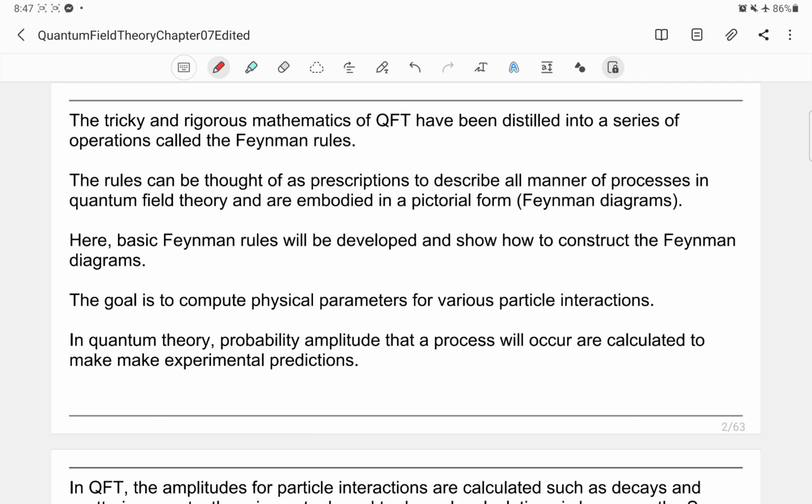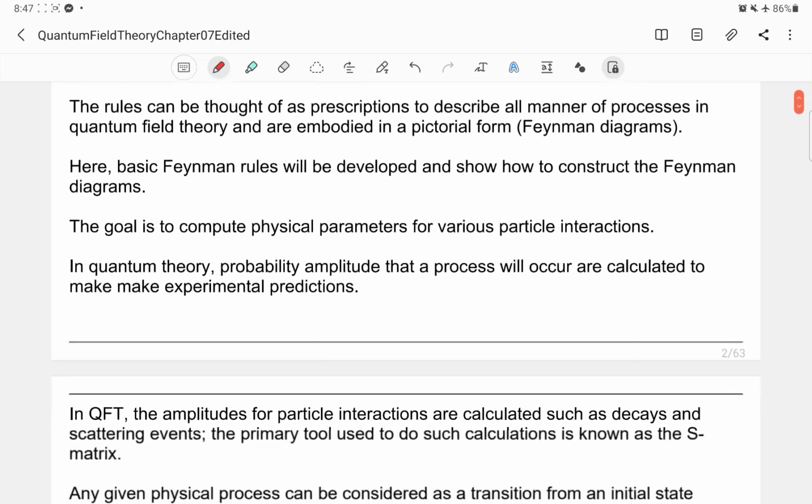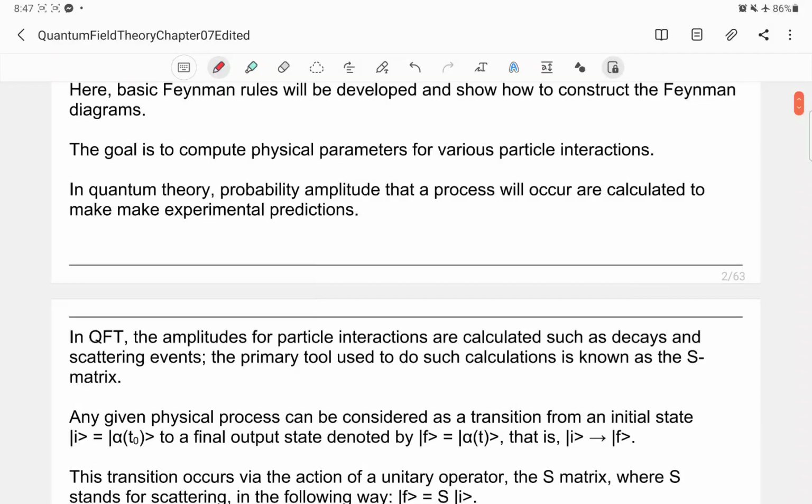We will be computing physical parameters for various particle interactions, and most importantly, the probability amplitude that a process will occur will be calculated, because these are very important in experimental predictions.